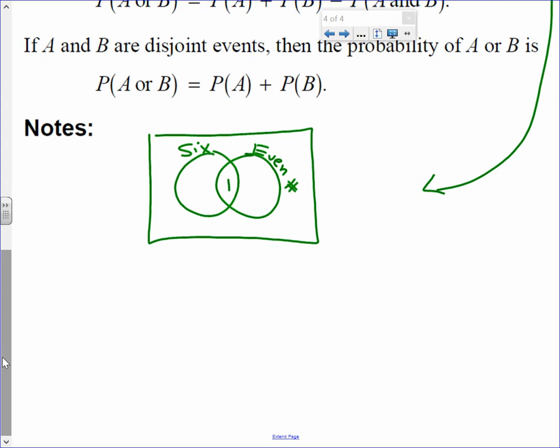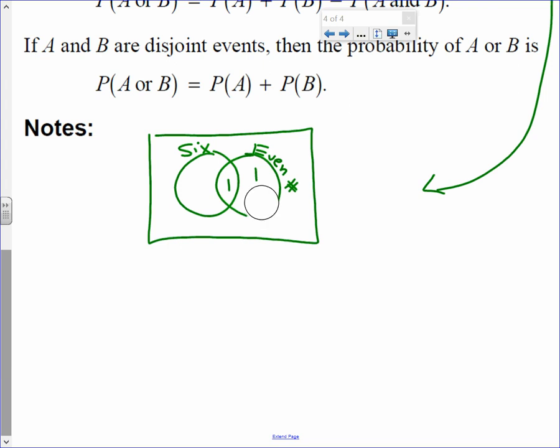There's the 2, the 4, and the 6. The circle with even numbers has three of them. The circle with the 6 has only one possible, and it's inside the even circle. So this would be an overlapping situation.